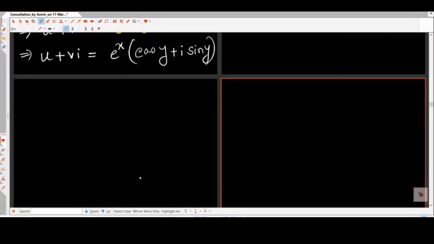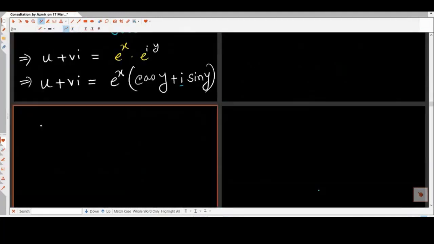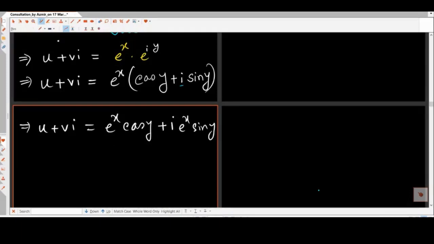Our target is to have u plus vi form on the right side. So still we don't have that form. So we can again simplify. That means we can write u plus vi equals e to the x cosine y plus i e to the x sine y. That means we have found the real part and imaginary part.